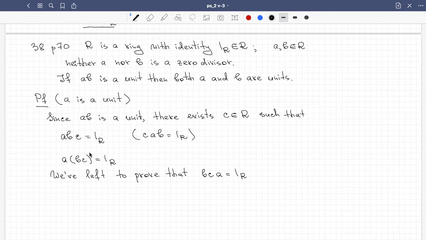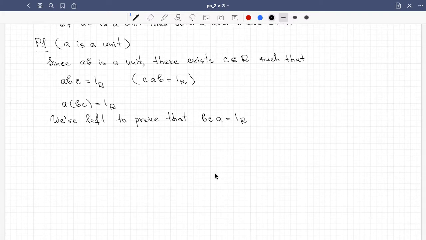So we kind of found the inverse, but only from one side. Now we need BC to be the inverse from the other side as well.